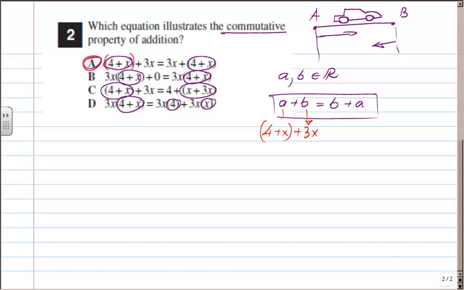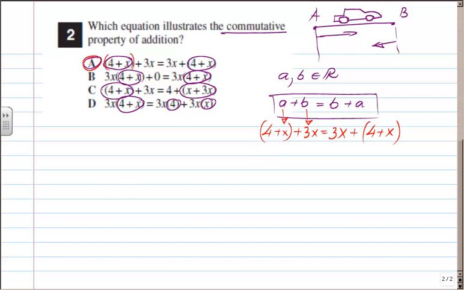So your 3x is B, your 4 plus x is A. And now if you change places here using the commutative property, you're going to say this is the same as 3x plus A, which is 4 plus x. It's the same as B plus A, okay? And that's all. That's how you solve this problem.